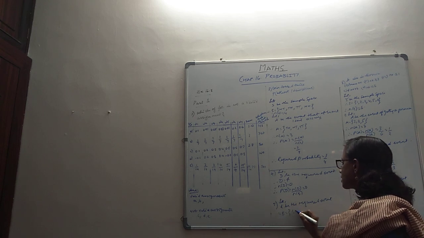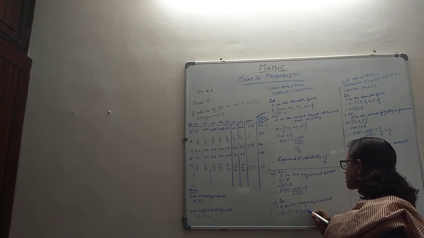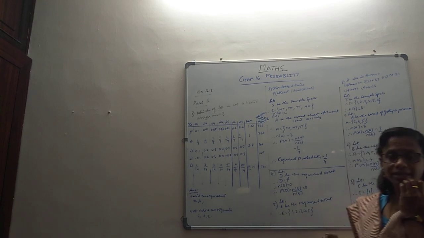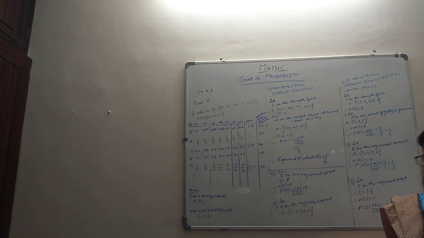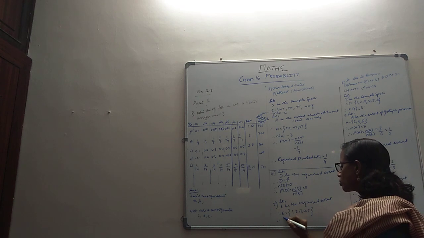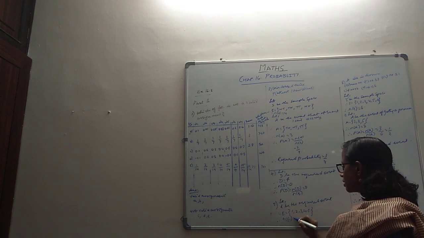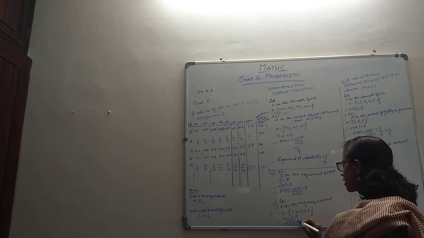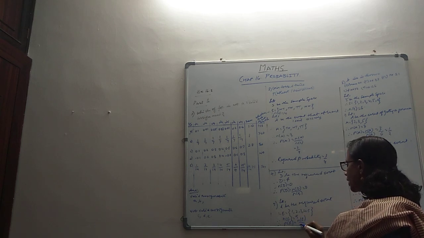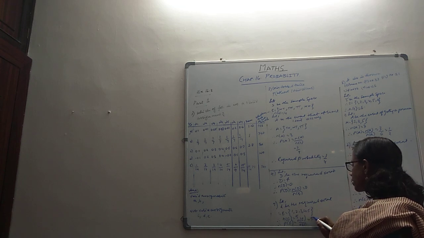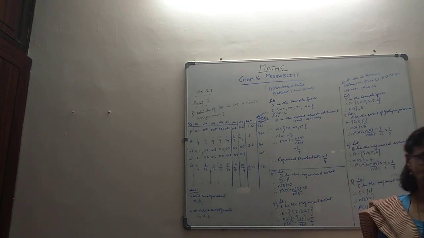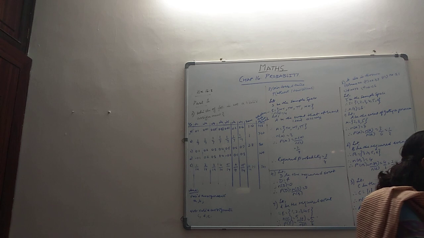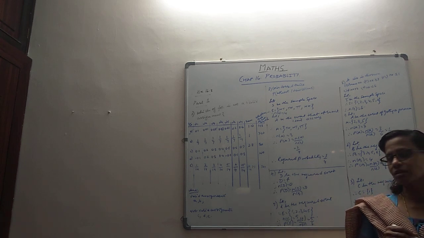Every number which is less than 6, the largest is still 5, right? 6 cannot be included, but you have those numbers less than 6. Then you know the number also. The number of elements here is 5. That will quickly give you the probability. It is n of E by n of S. That means it's 5 out of 6. That's the required probability. And that's it with the third question.